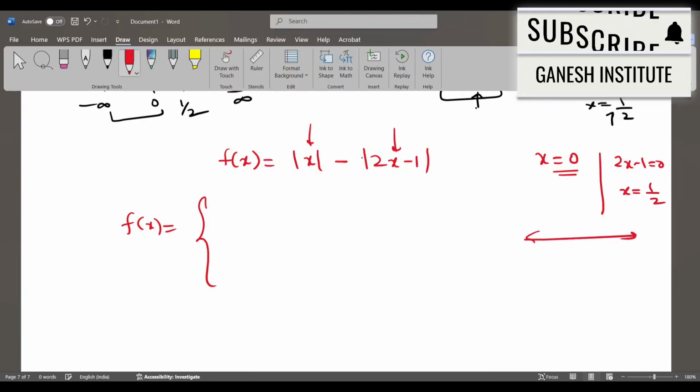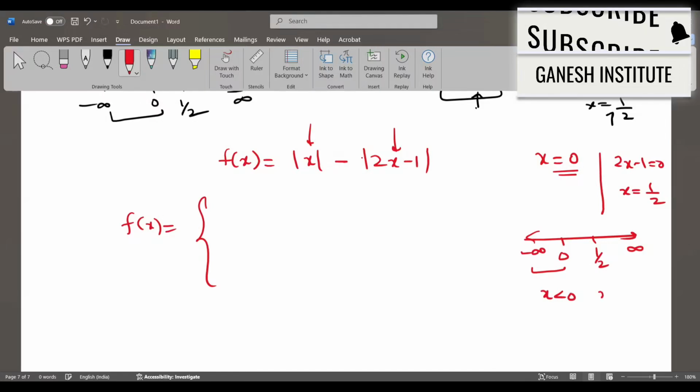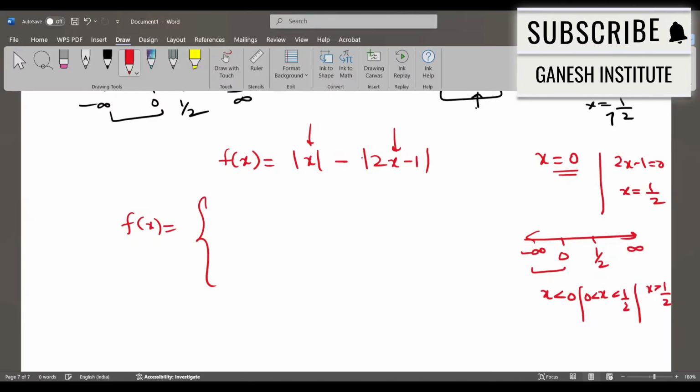If I draw it on the number line, it is minus infinity to 0, then 0 to 1 by 2, and then 1 by 2 to infinity. So I have one function for less than 0, another for 0 to 1 by 2, and another for greater than 1 by 2, and I'm considering the equal sign also.